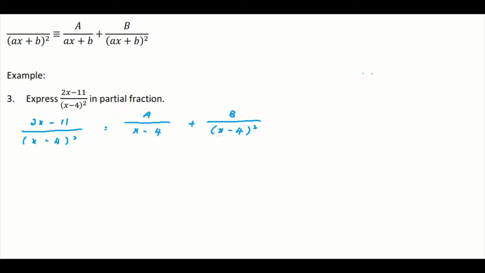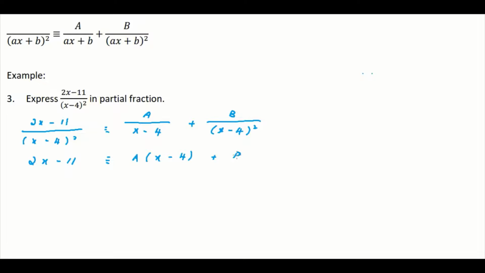Okay, so now we need to do exactly the same thing as how we solved the other equation just now. So 2x minus 11 will be equal to a times x minus 4, plus b. The same thing, for the whole equation I need to multiply by x minus 4 squared, so I can get rid of the denominator.